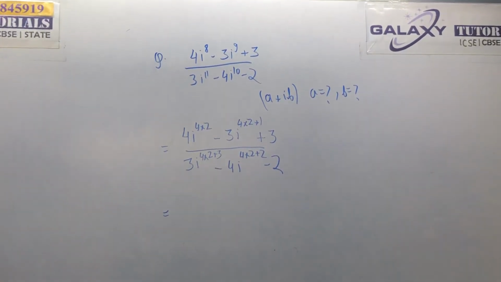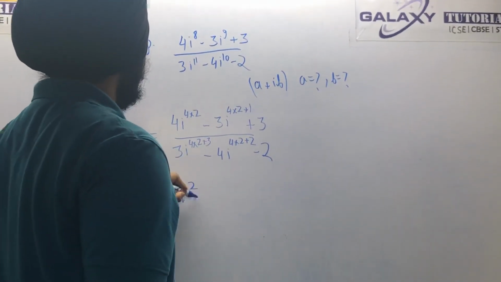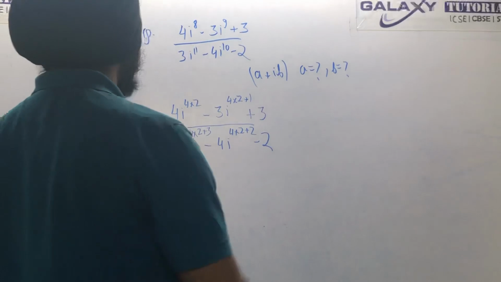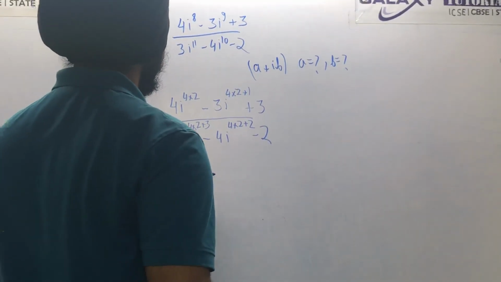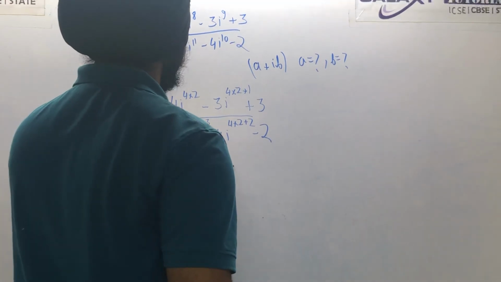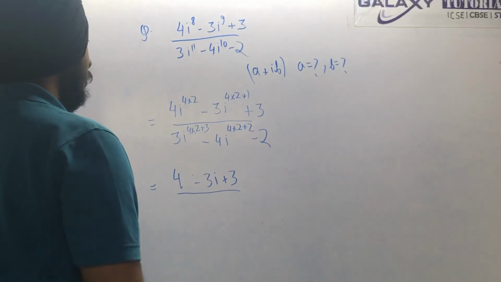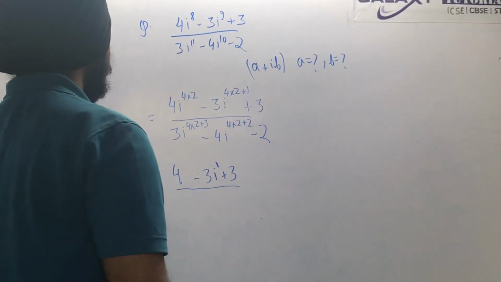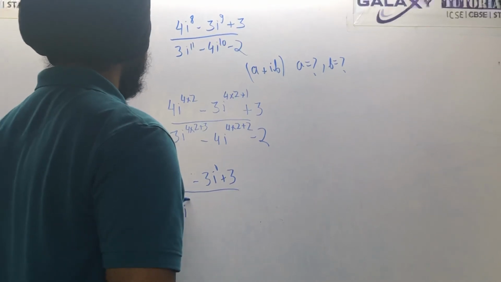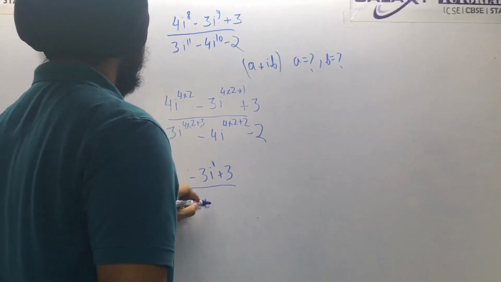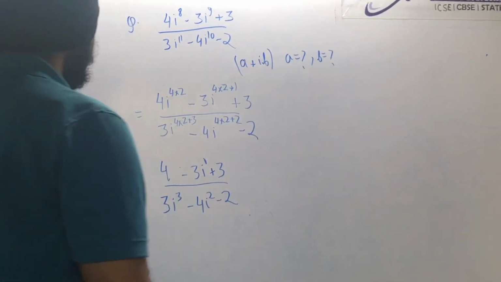A multiple of 4 is 1. So you can write: 4 i square minus 3i, sorry, 4 minus 3i plus 3. Okay, because i raised to the power 1 is i. This one is 3 i raised to the power 3 minus 4 i square minus 2. Okay, now just simplify this.